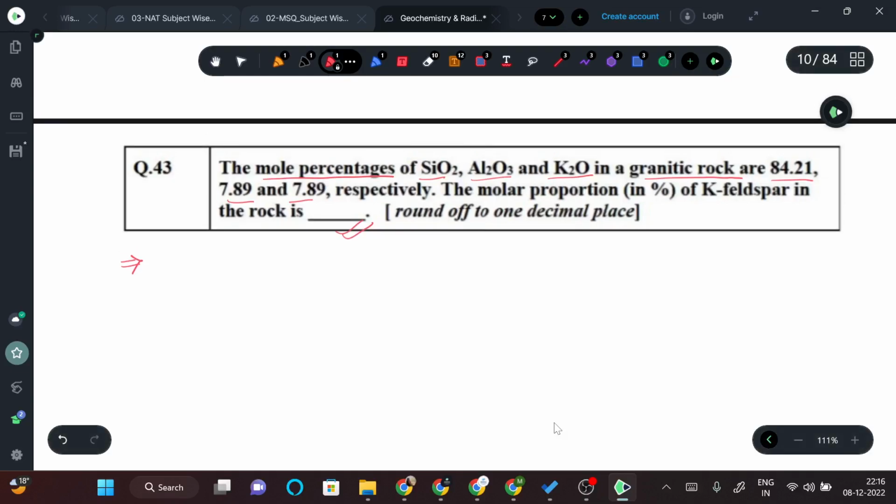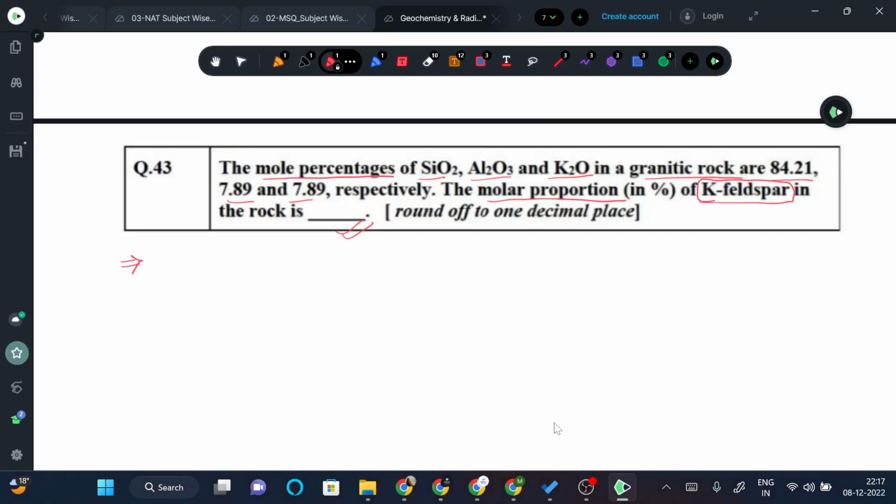Basically, whenever you get such a question, here it is saying molar proportion of K feldspar, right? So one particular mineral is mentioned. What is the chemical composition of K feldspar? What is the K feldspar formula? KAlSi3O8, right?